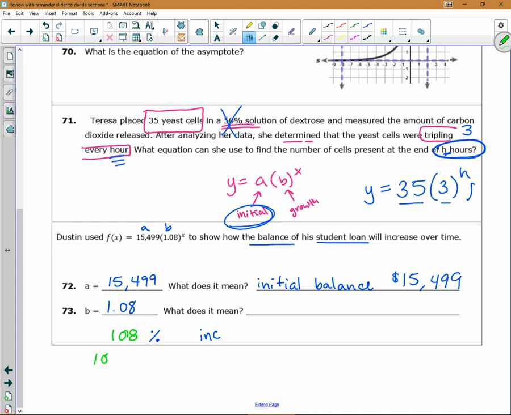Or 100 plus 8%. So most likely what they're going to do is say it increased by 8%. So we can say his balance increased by 8%, and it says time, so we're just going to give it per year.